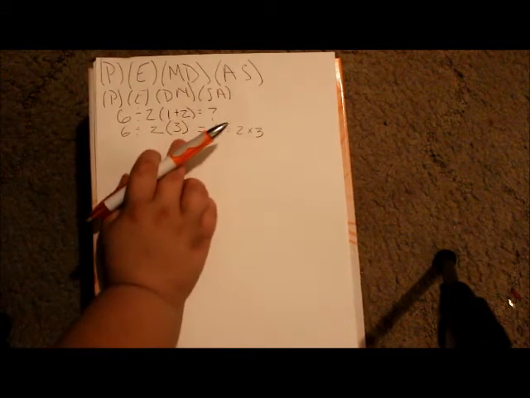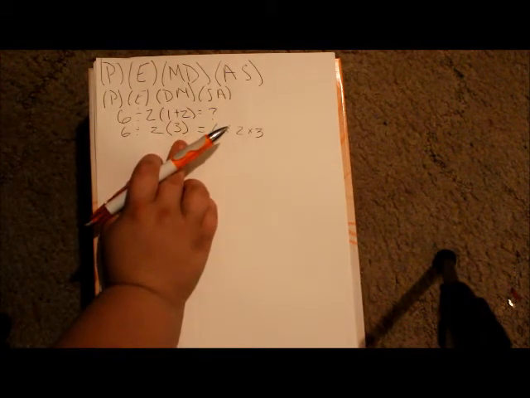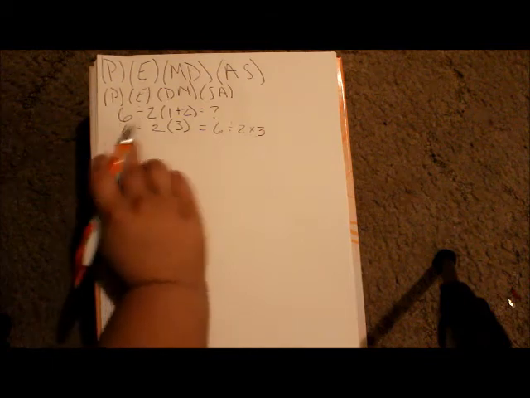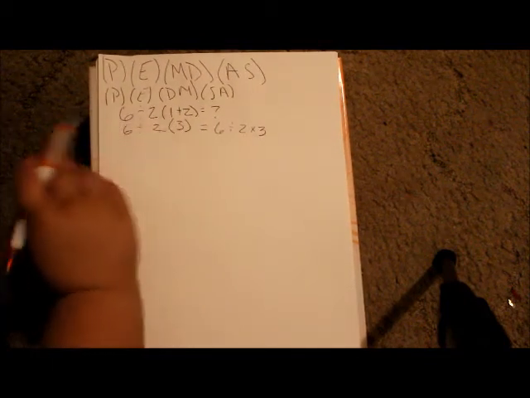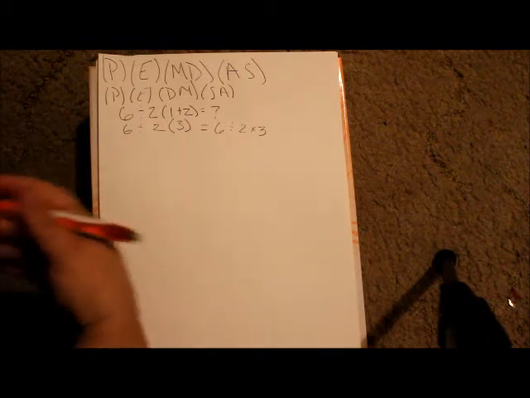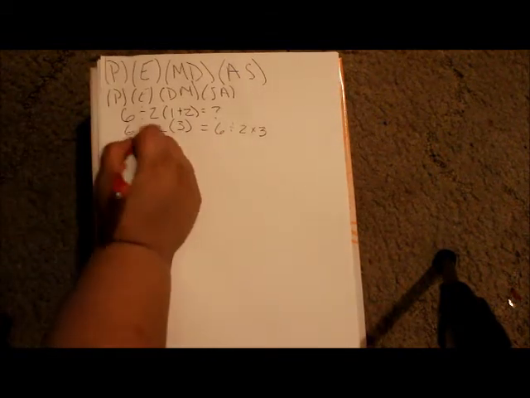So those aren't parentheses anymore. It is an indication that you are supposed to multiply. So at this point, you multiply and divide from left to right. Whatever comes first in the equation, division comes first.